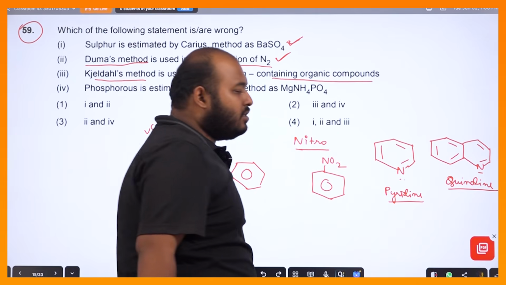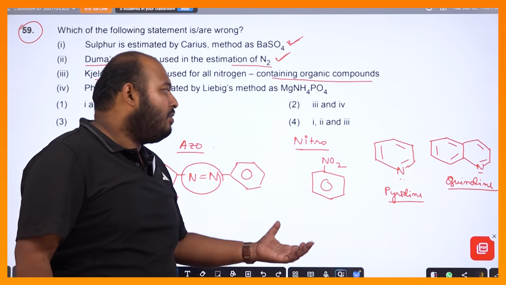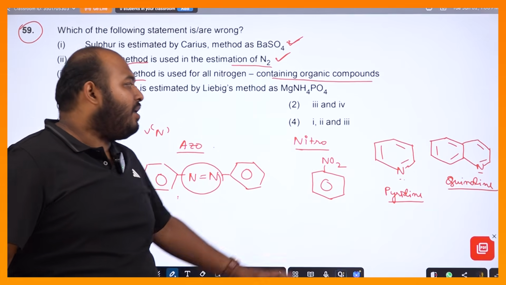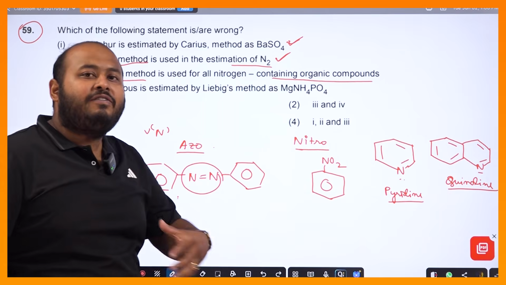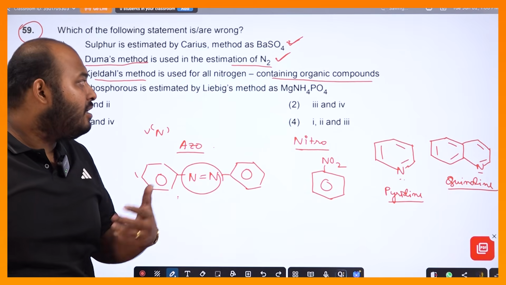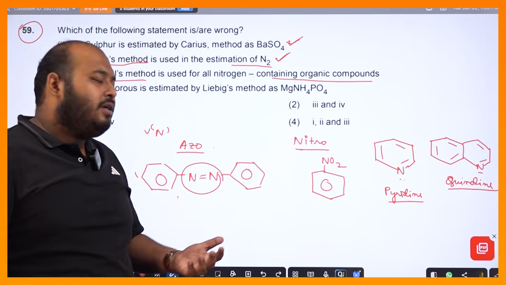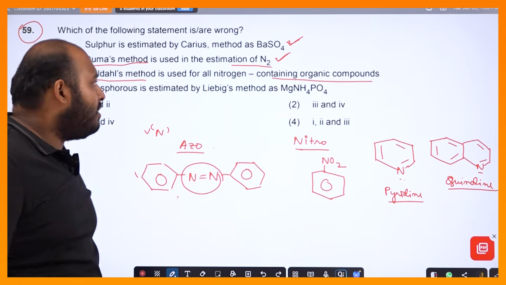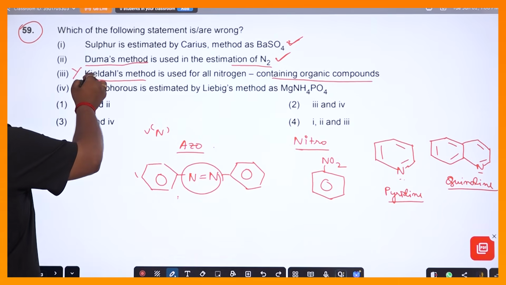So as the nitrogens are present inside the ring, we cannot estimate the amount of nitrogen in these compounds. These are the few cases where Gelder's method cannot be applied. So remember this part. So this is the incorrect statement.